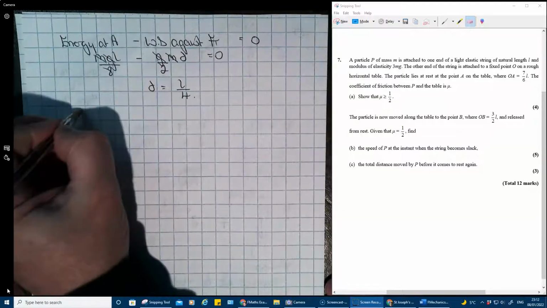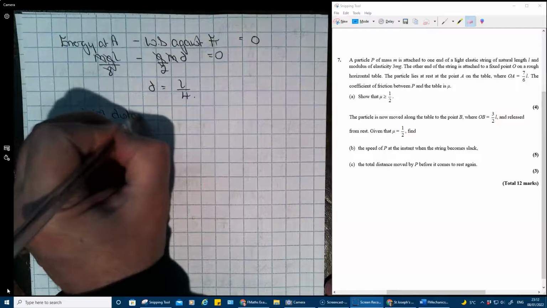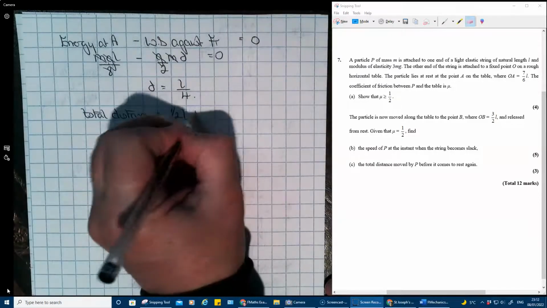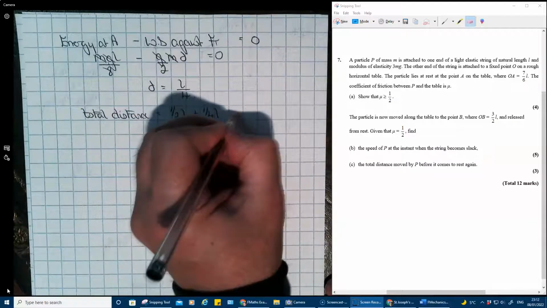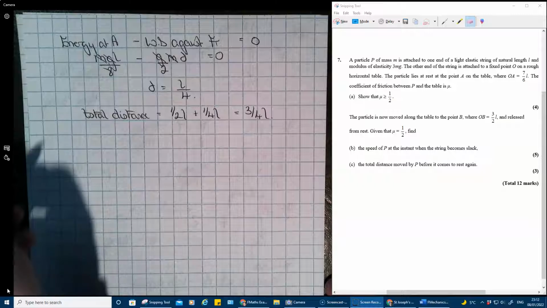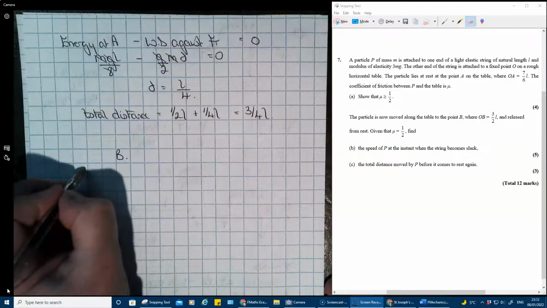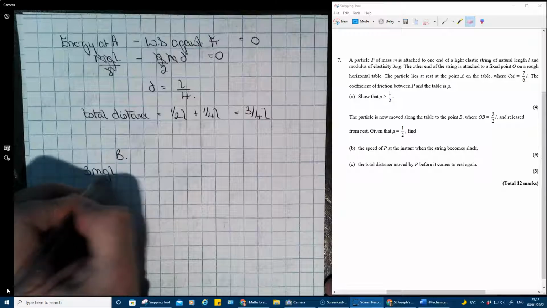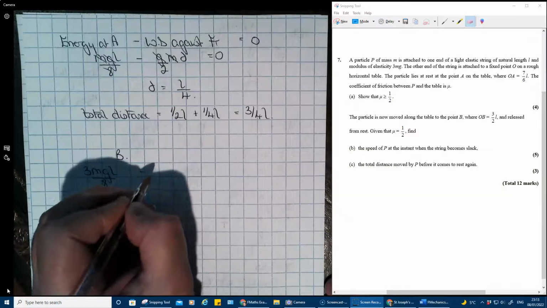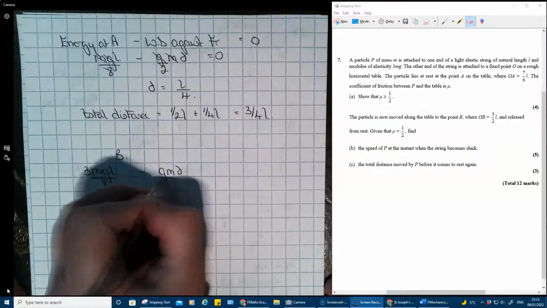So the total distance would be the half L that it takes to get from B to A, plus this extra quarter L, which is 3/4 L. Perhaps it makes more sense to do the energy at B, which is in fact 3mgL over 8, take away gmd over 2.